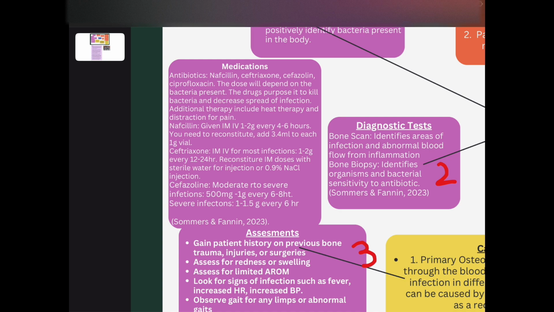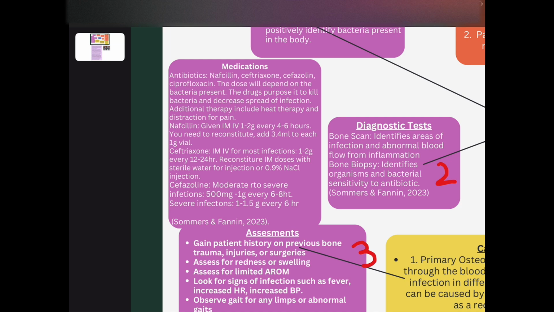A lot of these interventions that we talk about are really dependent on the bacteria that is present. So the dose will be dependent on the bacteria that is present. The drug's purpose is to kill bacteria and decrease the spread of infection.